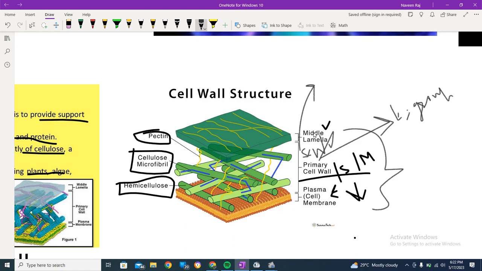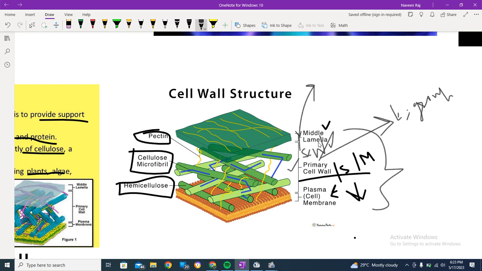It is thick and rigid, while the primary was thin. It is dead and not adapted to growth. Here growth is absent, and it is non-living. It is developed when the cell reaches its maximum size and is mature. The first priority is the primary cell wall, then we look for the middle lamella, but the secondary cell wall is something extra, so we look at it after.